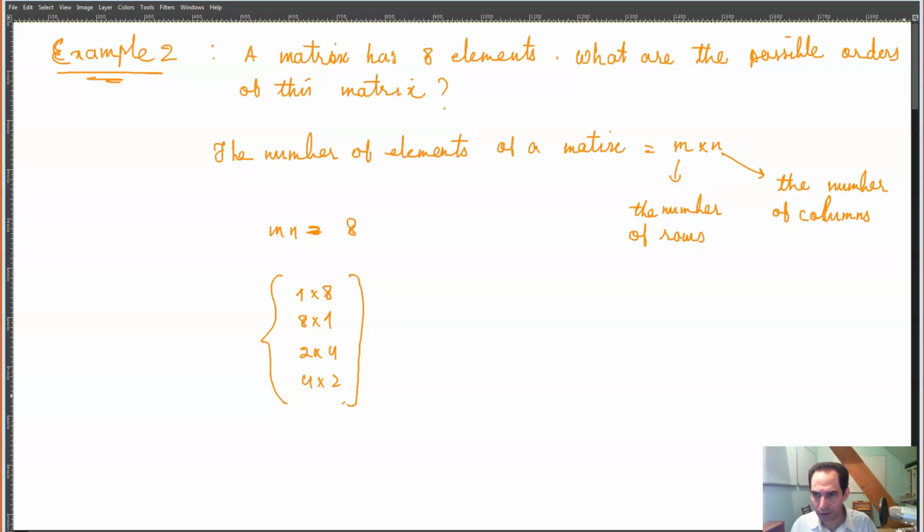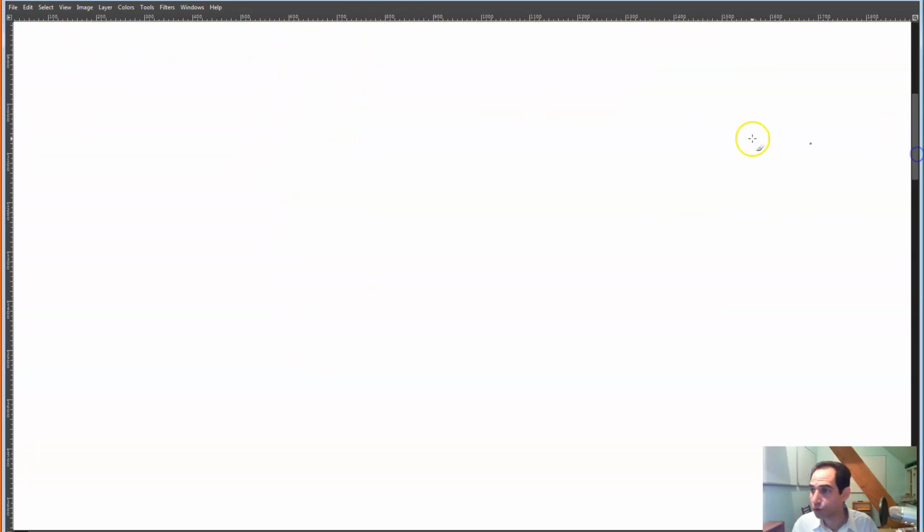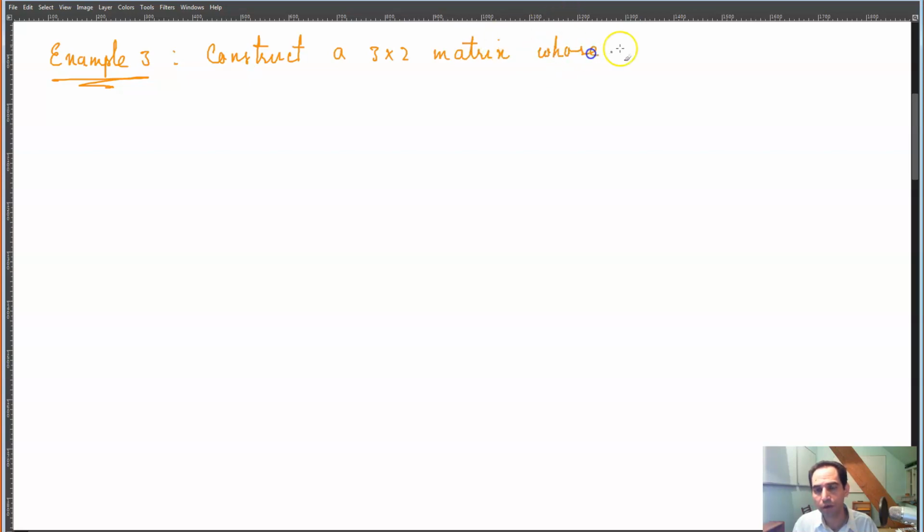Or suppose that, as another example, example number 3, you want to construct a 3 by 2 matrix whose elements are given by A of ij is equal to 1/2 the absolute value of i minus 3j.